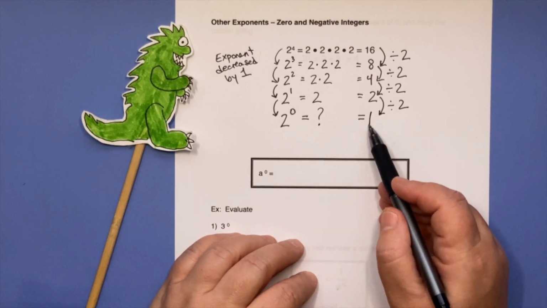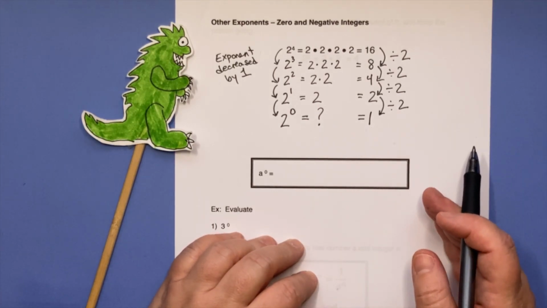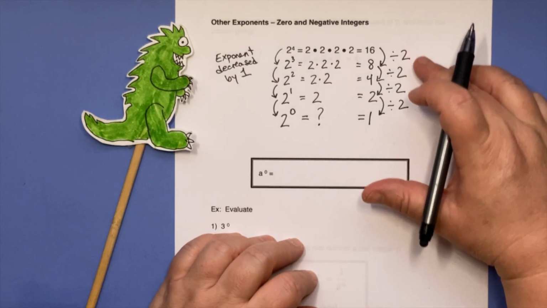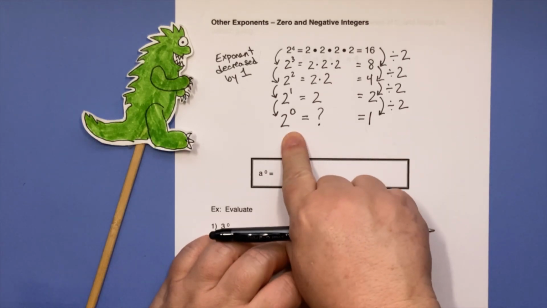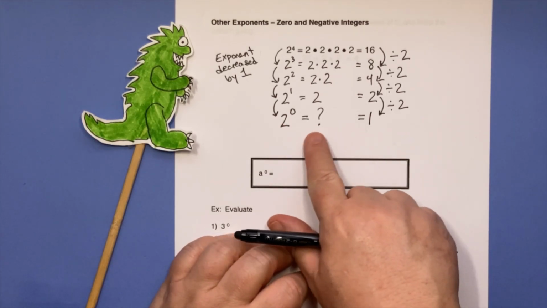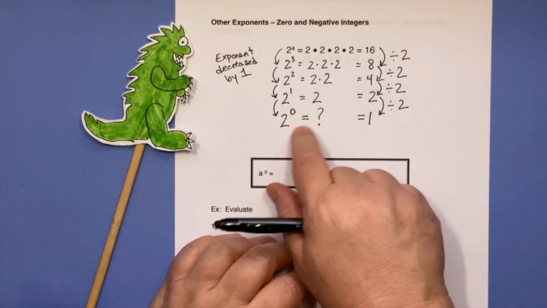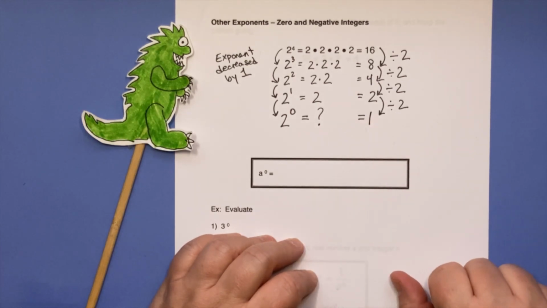But we actually can find meaning in it according to the pattern. And you're going to discover as you go on in math that there are a lot of times when we will look at patterns to help us figure out what something should equal. And I'm not going to argue with you. It's very hard to imagine what 2 to the 0 might represent, but it absolutely does equal 1.